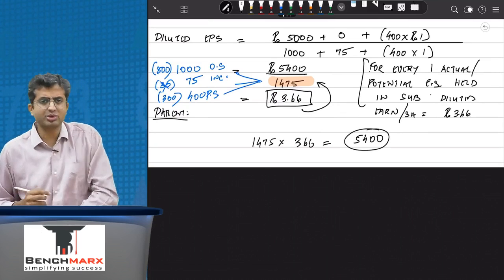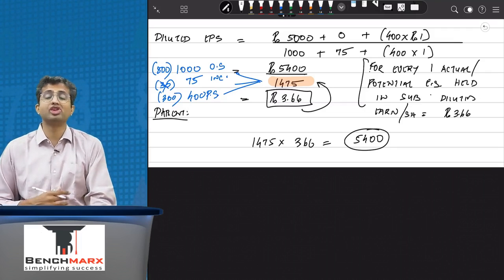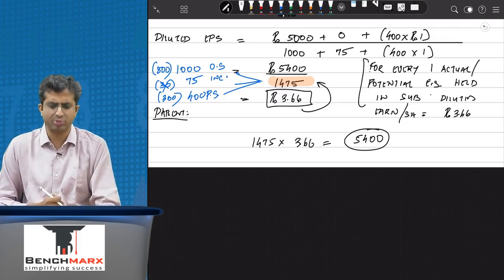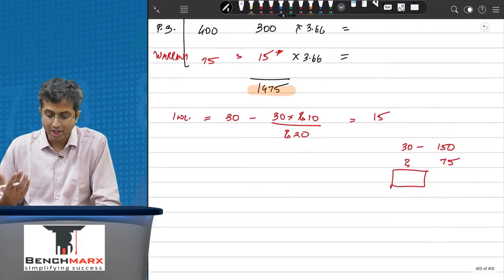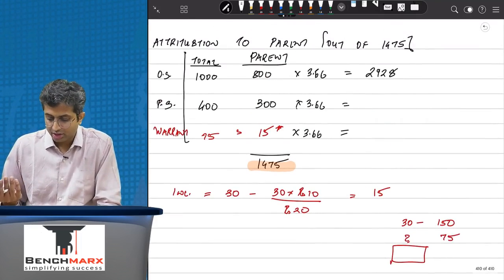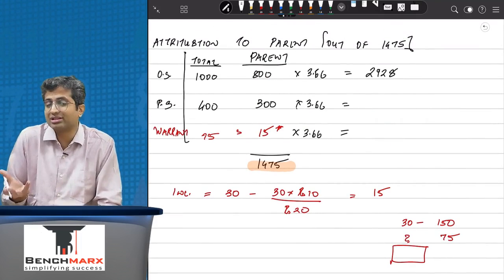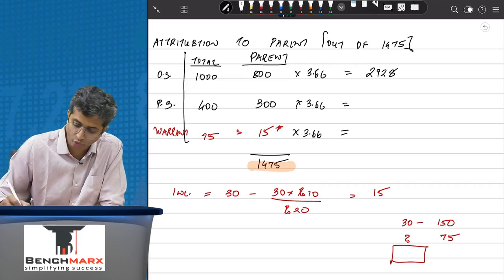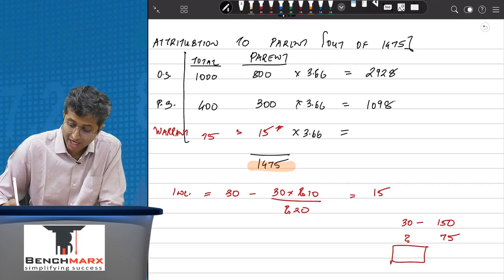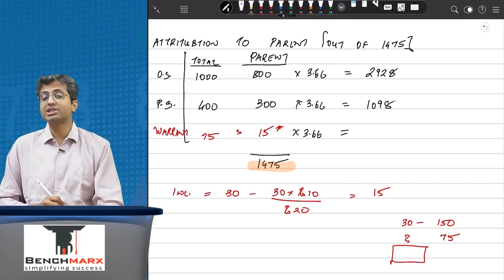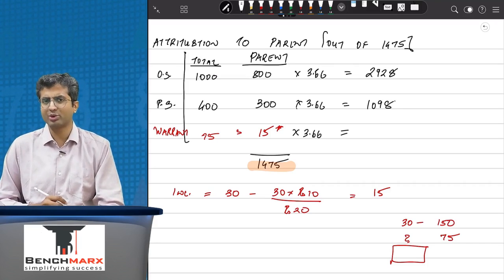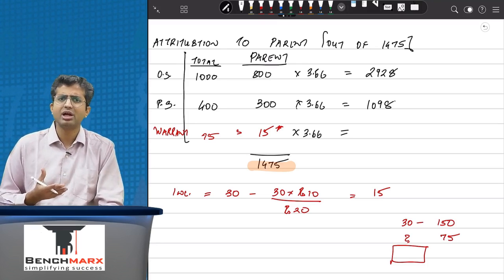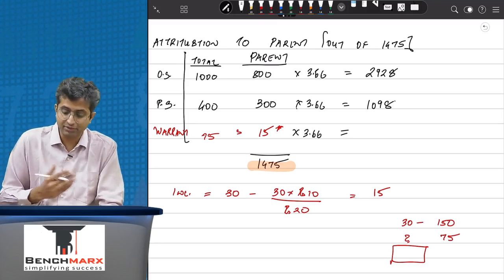We are saying this 5400 is to be shared between all the actual or potential shareholders pro rata, in which case if I am holding 300 preference shares, then 300 into 3.66 is going to come to 1098. And lastly, 3.66 into warrants: we are holding 30 warrants, but in our total working 1475 we took 75, and hence proportionately instead of 30 we will take 15.